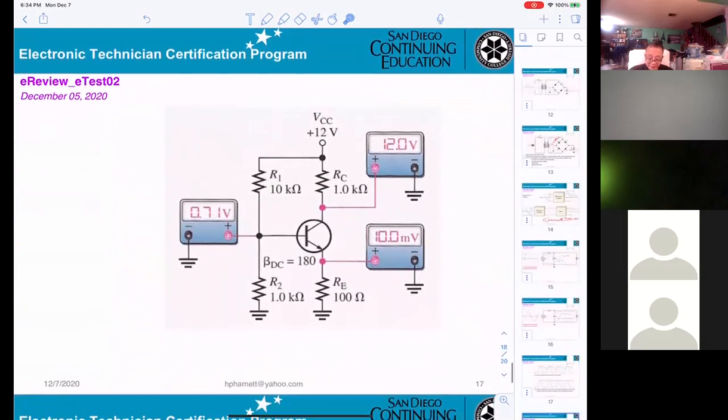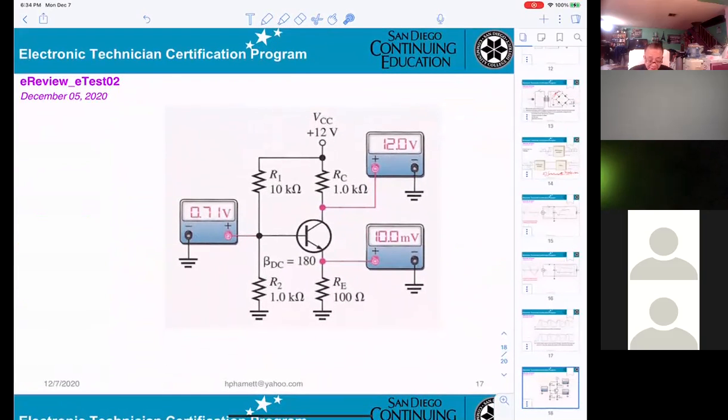Okay, now see what's going on here. For the transistor circuitry, when they measure at the base, they get 0.7 volt.